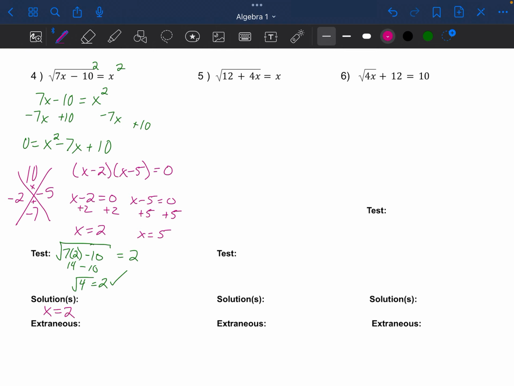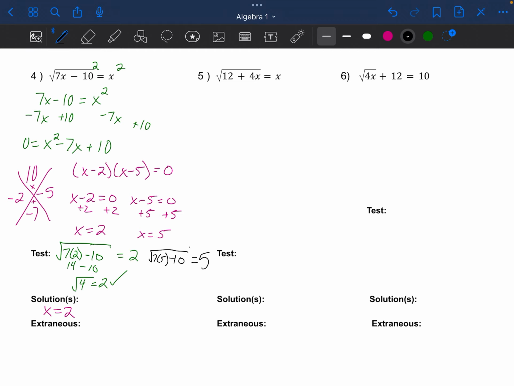Now we're going to go through and check the other one. So I'm going to check x = 5. We're going to do the square root of 7(5) - 10 equals 5. Square both sides. Oh wait, no, don't do that.